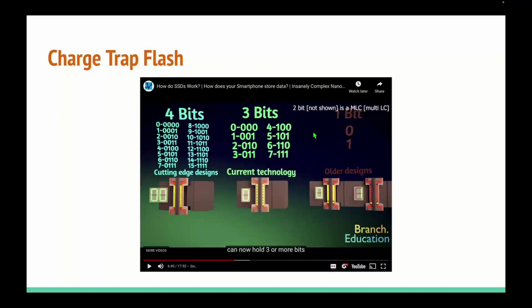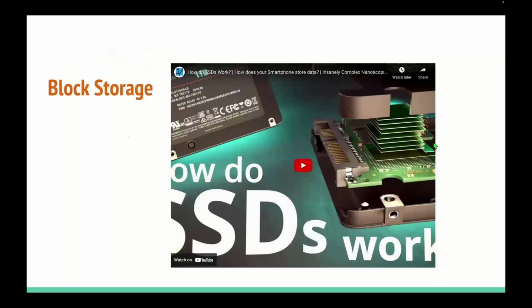So just to take it back, we've gone from a bit being a hole in a piece of paper to now a bit being the absence or presence of a certain amount of electrons. And that's happened over the span of like 40 or 50 years. So solid state drives have a lot of these tiny little cells, and I'm going to show you now how they all work together to provide us with data.